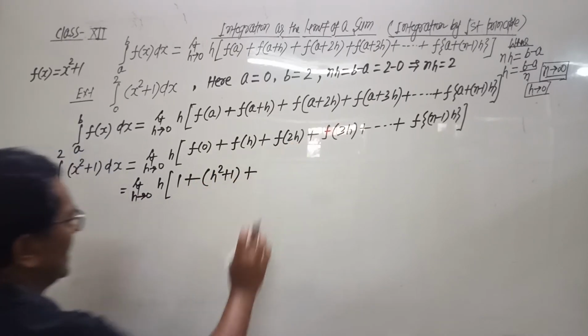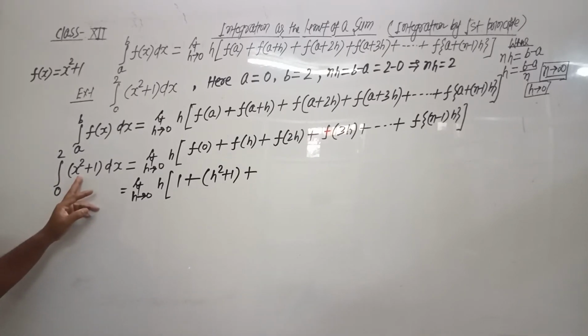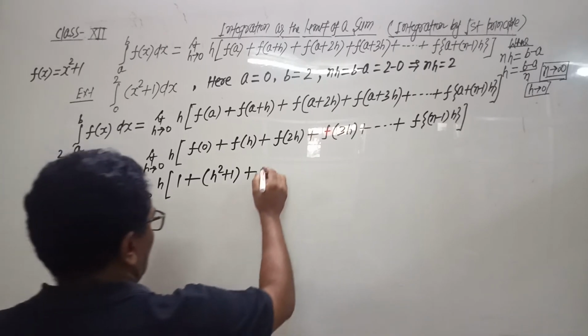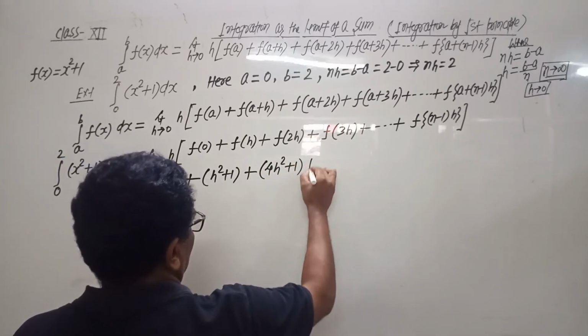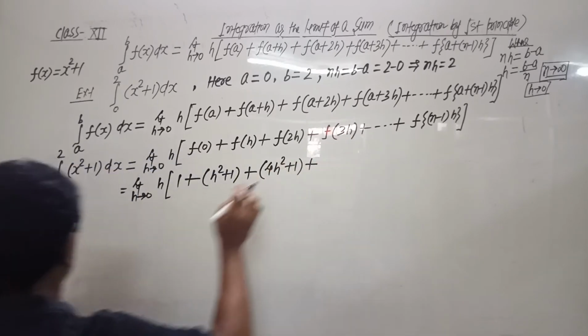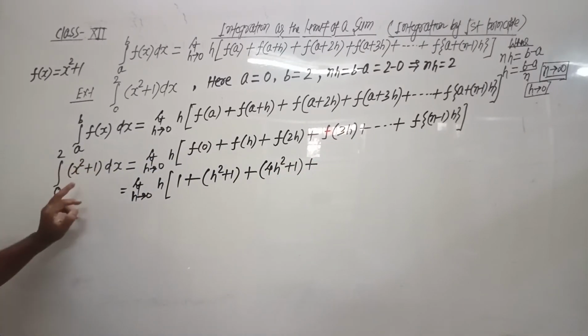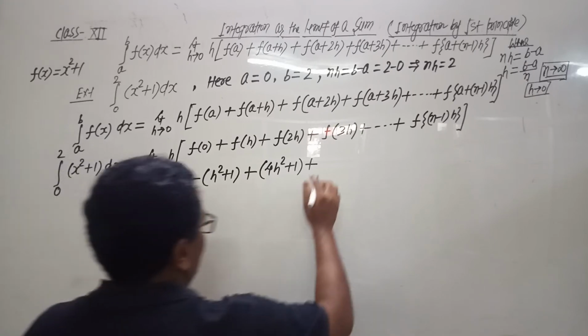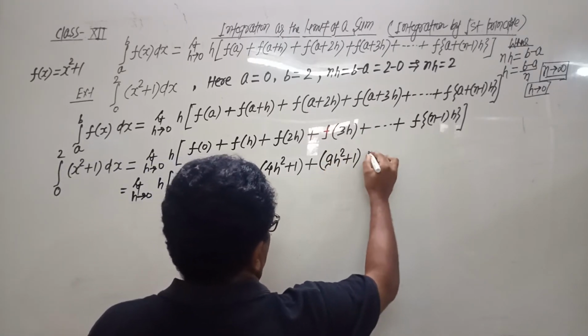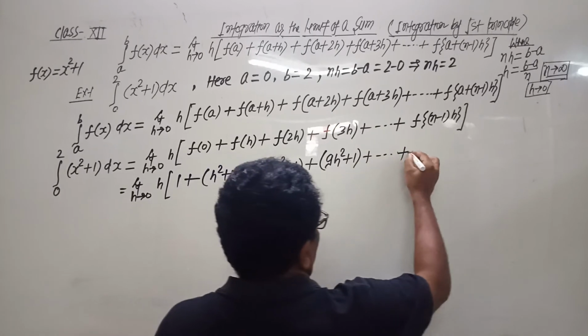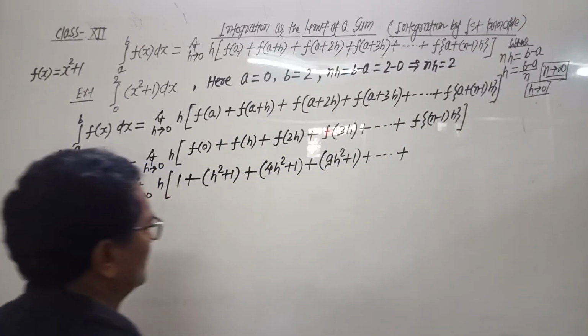Then we find f of 2h. Put x equals 2h. So 2h the whole square gets 4h square, plus 1. Plus, put the value of x as 3h, so 3h the whole square is 9h square, plus 1. And so on. Then find f of n minus 1 h.